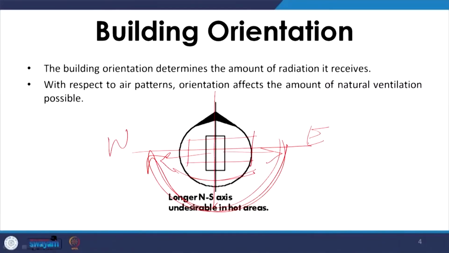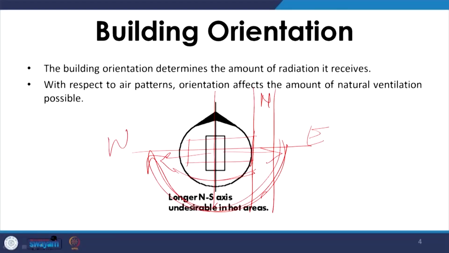If more buildings are oriented with their longer axis in the east-west direction, we automatically have streets in the north-south direction, and in such a case the streets also remain shaded for most of the day. So, the preferable street orientation is north-south, which facilitates buildings like this, and it helps the streets to remain shaded for a large part of the day.